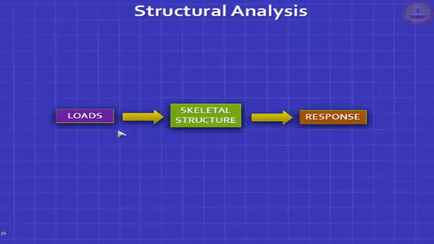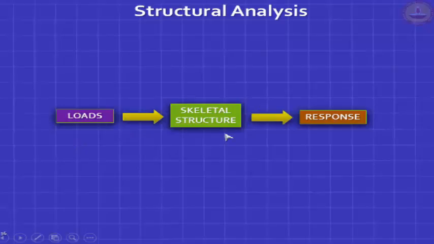But loads need not be caused by forces and moments alone. Loads can also occur due to support settlements, it's called indirect loading, due to constructional errors, due to temperature effects, etc. We should be able to do all that.